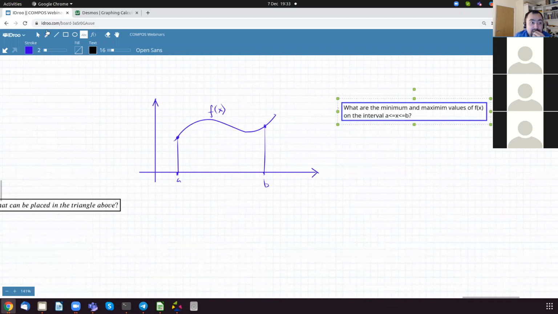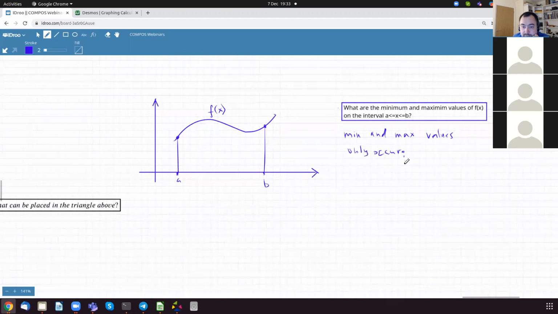And well, actually, you can have the minimum and maximum values only occur at A or B, at x equals A or x equals B. You can see that the minimum value is actually here.